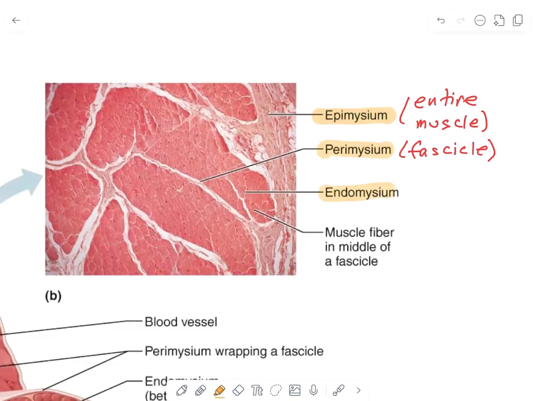And then the endomysium would be surrounding an individual muscle fiber. Also, when you look at a steak, for example, and you look at what's called the marbling of the steak, that marbling is caused because of these different membranes, which is pretty amazing.